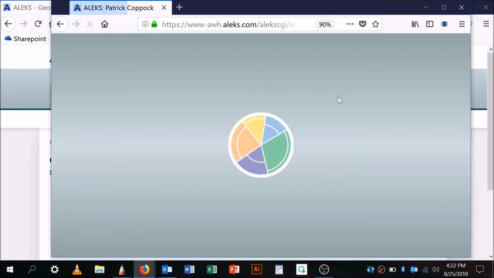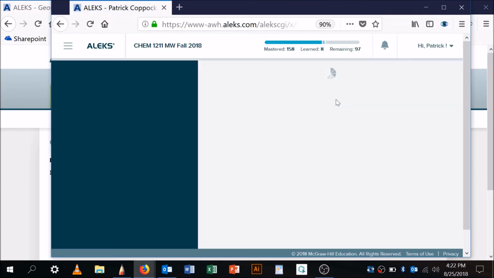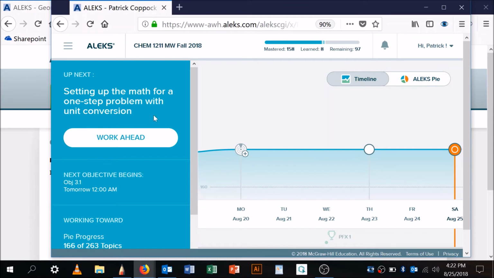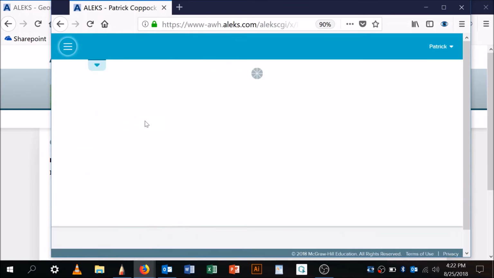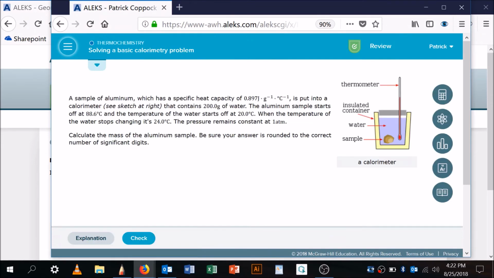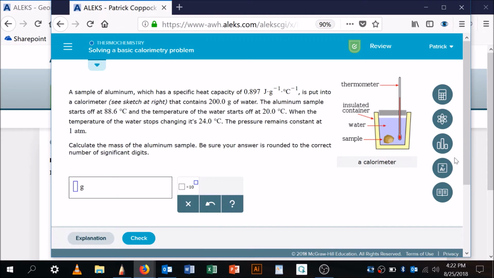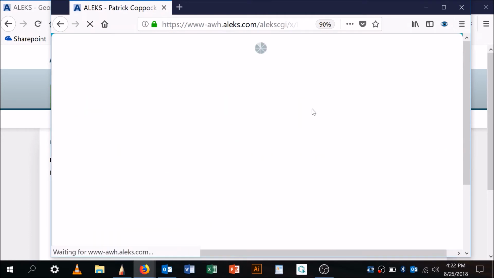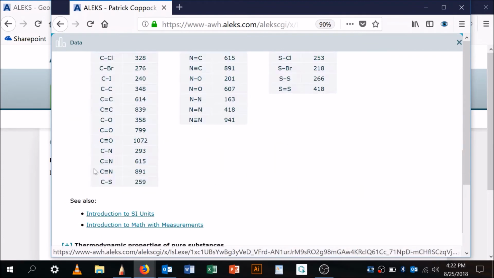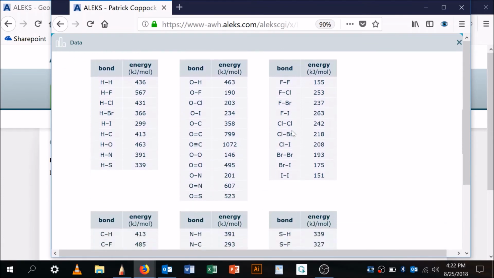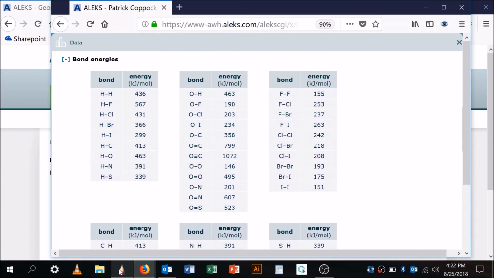Pardon the break here. I thought I had that thing open, but apparently I lost it. So I'm going to come here and go to review. I'm going to click on any problem and I'm going to get the data table open, okay? So here's my data tables right here. And I'm looking for bond energies. Bam, there we are.